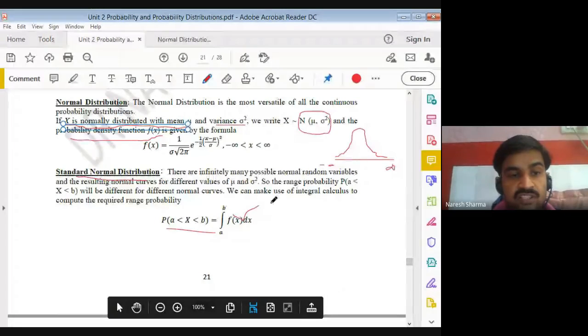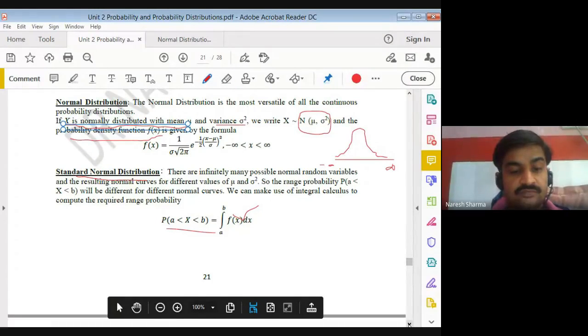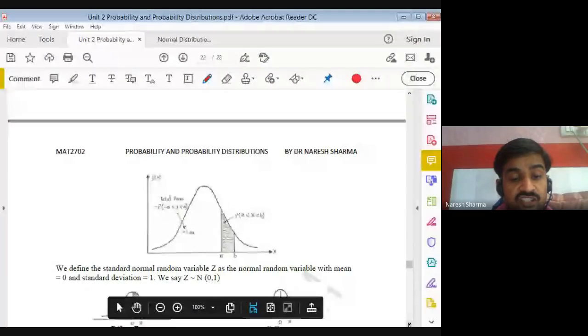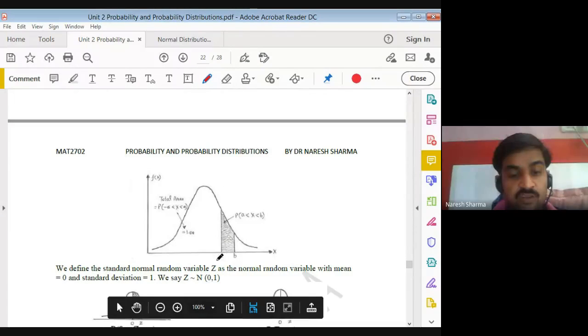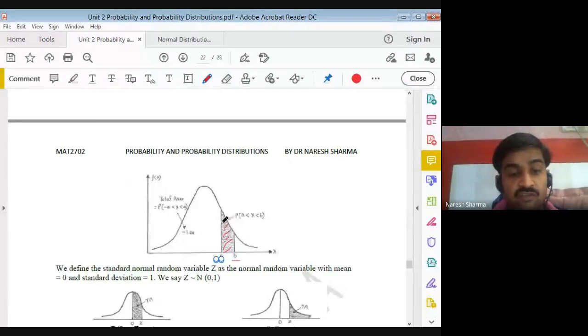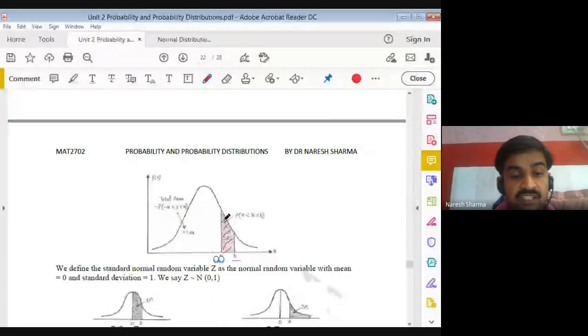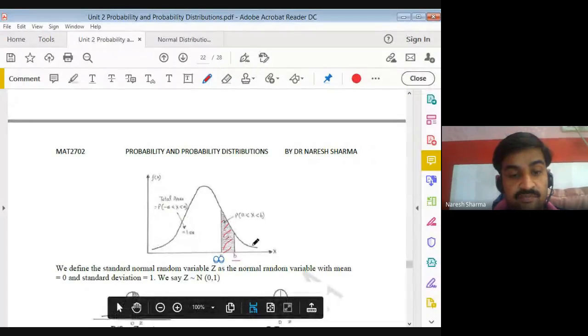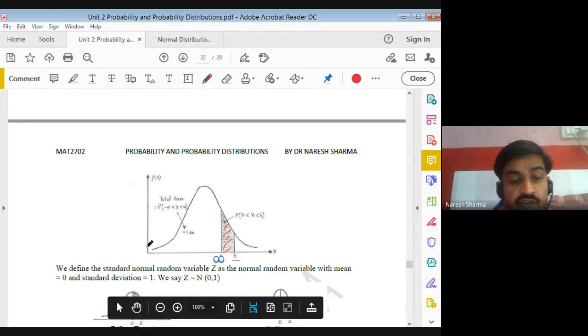Graphically, the graph is bell shaped, and x runs from a to b. This range is called the probability of x from a to b. The complete area we consider to be 100%.